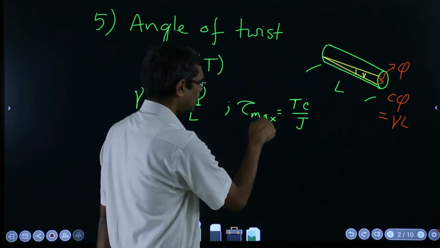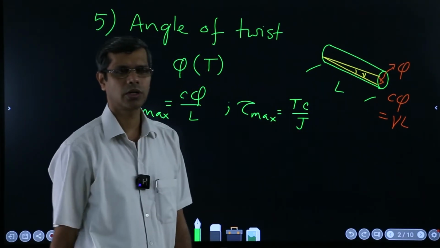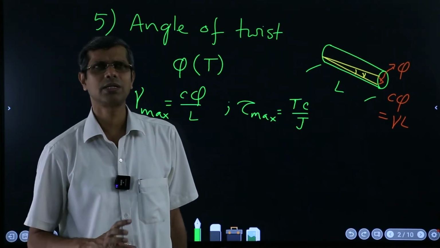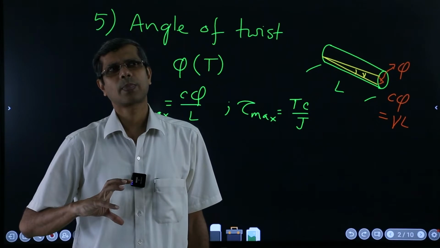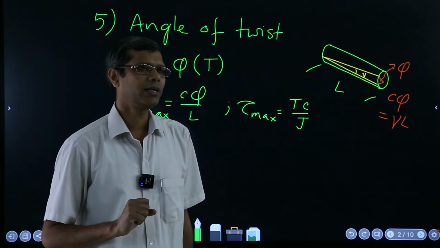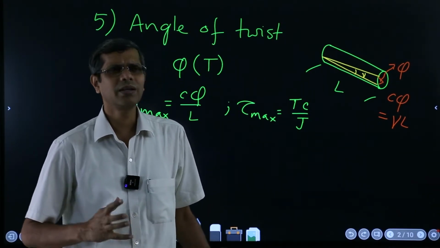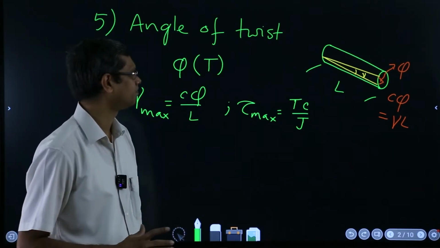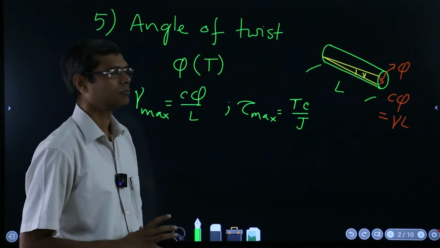So that is how tau max is proportional to both the torque and the radius. And similarly J, the polar moment of inertia, in a way resists the stress under a given torque.